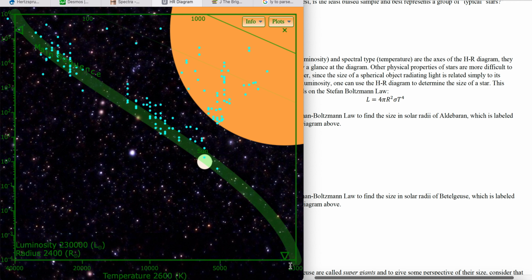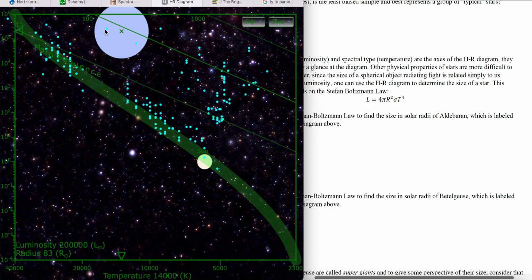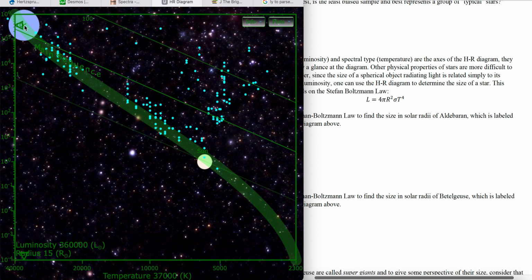That much higher wattage. On the other hand, if I wanted basically that same relative luminosity, so I wanted to find a star that was 230,000 times brighter than our sun, so 230,000 times the wattage of our sun, but I was going to find it instead on the very hot side of the stars, so basically way over on the left of the figure, well, then I'd pull it over here, and it doesn't have to be nearly as big.